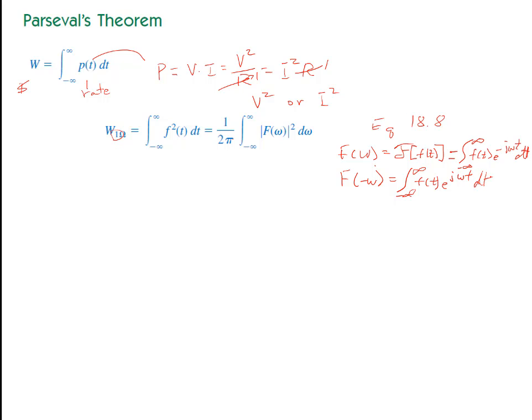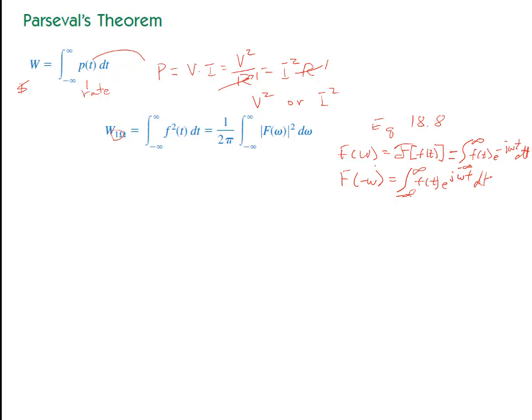Okay? So when I do that, I now have the way to account for both plus and minus omega, the full spectrum, and we're going to need that in a little bit here.